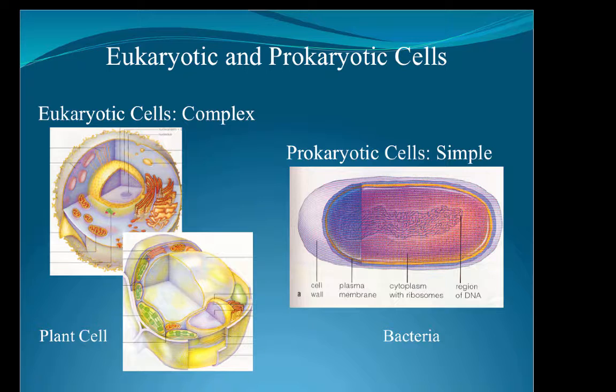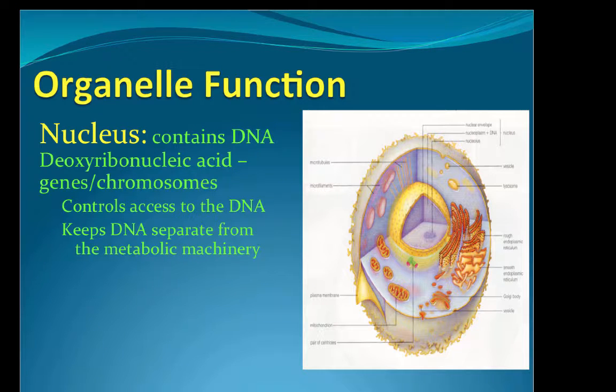So eukaryotic cells are much more complex. They have many organelles, including the nucleus that is going to house the DNA. The nucleus's job is not only to contain the DNA, but also to protect that DNA from other organelles and other proteins that could degrade DNA over time.